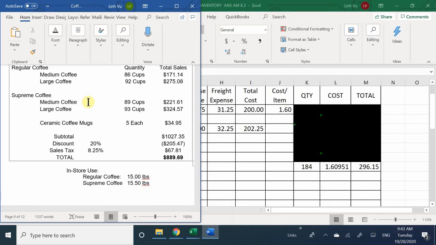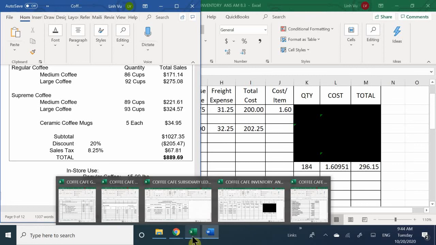And the regular coffee. 86.94. Where are you getting this number from? I'm adding the cups. Regular is 15 pounds, I should say.